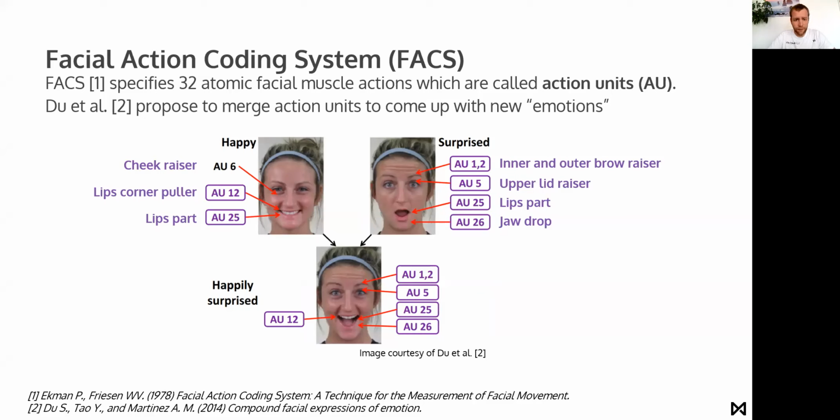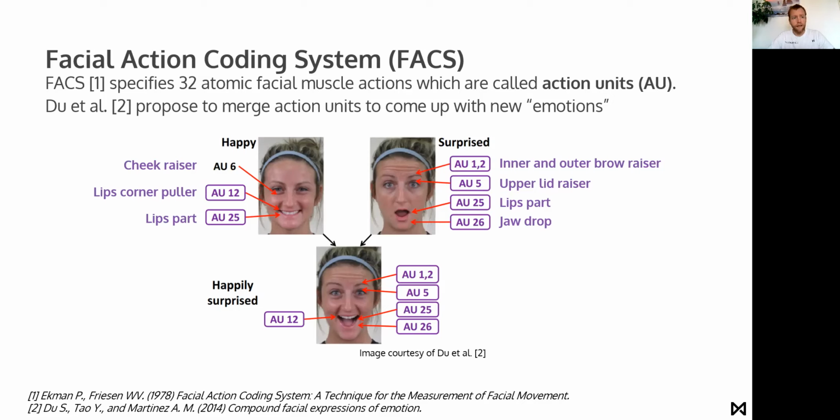We can, for example, take a happy face, and we will find that there are 3 action units that are active, namely AU6, which is a cheek raiser, so the cheeks are up, and AU12, which is the lip corner puller, and so on.